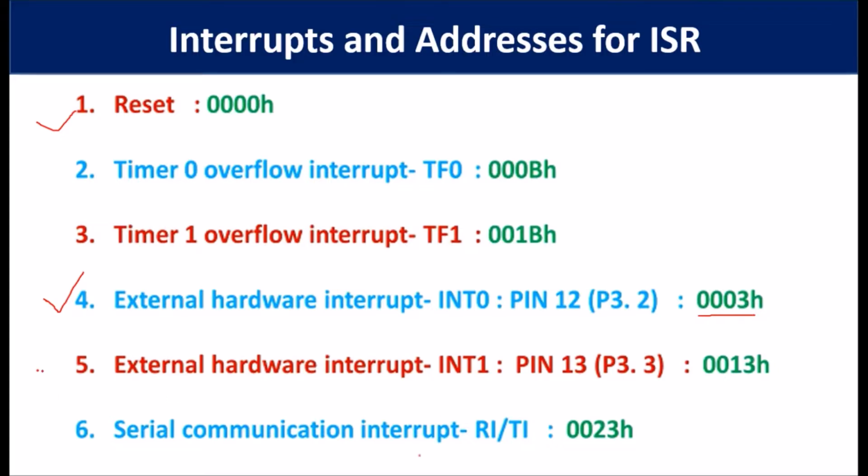The second external hardware interrupt is INT1 at pin 13, that is P3.3, whose interrupt service routine address is 0013H. The last interrupt is serial communication. So here we are going to discuss the external hardware interrupt INT0 and external hardware interrupt INT1.